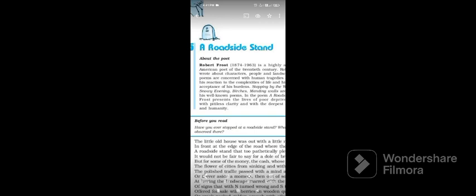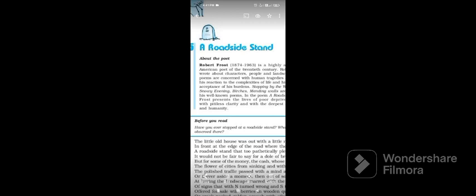Figure of speech, rhyme scheme. The rhyme scheme of the poem is A, B, A, B. Transferred epithet is also one of the figures of speech used in this poem.